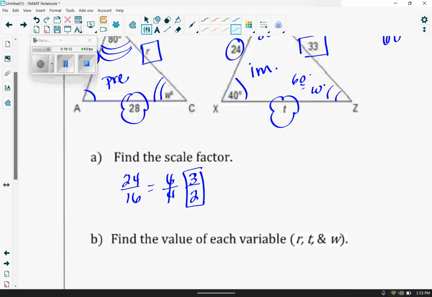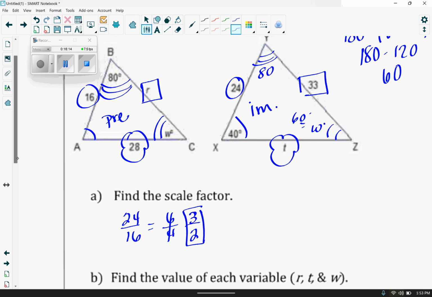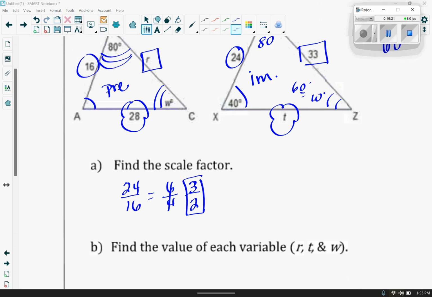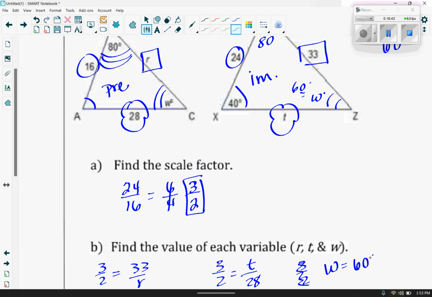So the value of each variable. So let's do 3 over 2 is equal to, I can go 33 over R and solve that one. I can say 3 over 2 is equal to T over 28. W we know is 60 degrees.